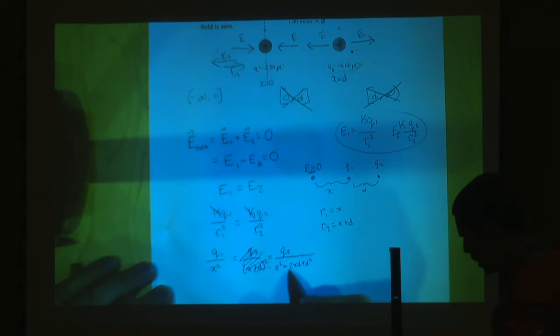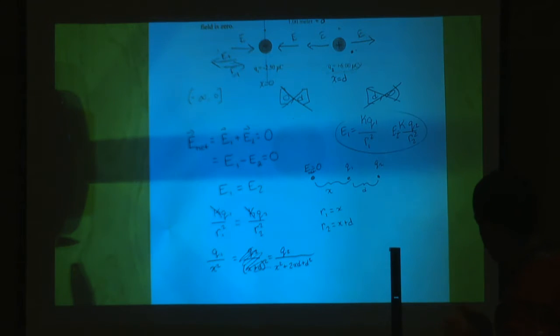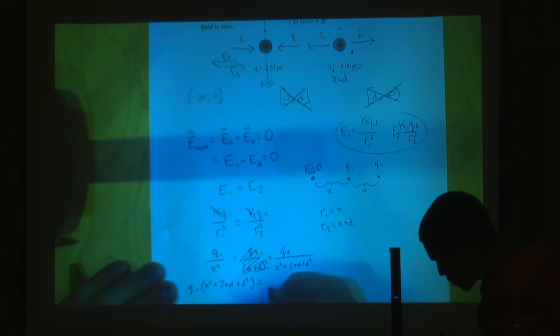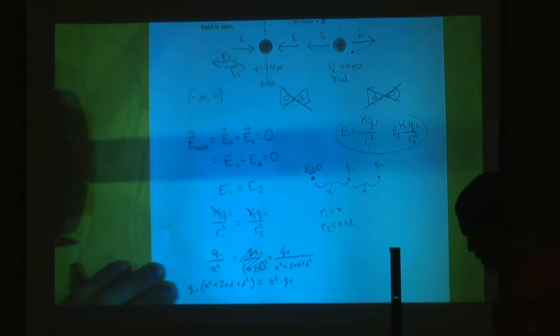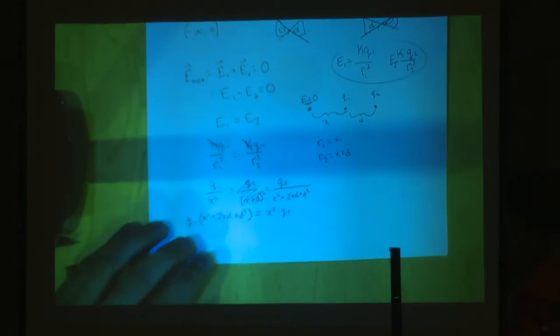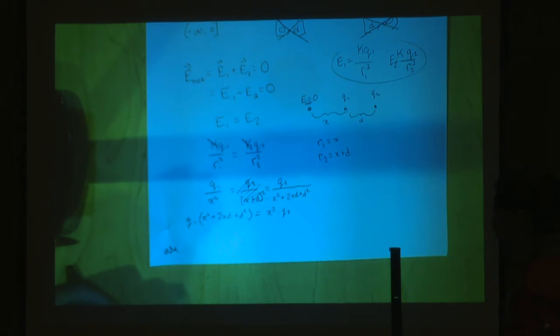Yeah, so let's try multiplying over each side, to get everything in the numerator. So then we have Q1 times X squared plus 2XD plus D squared is equal to X squared times Q2. Okay. What do we see here? We see a polynomial.